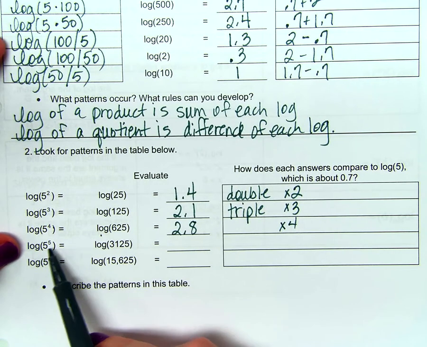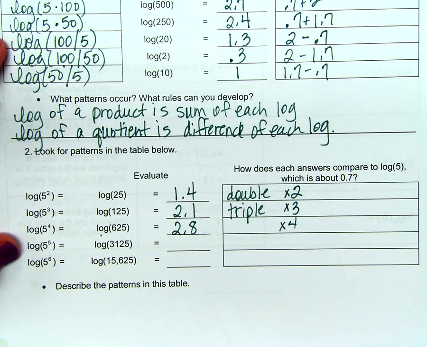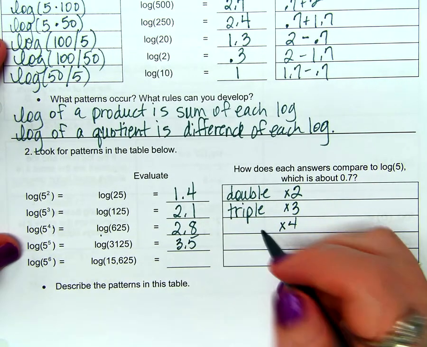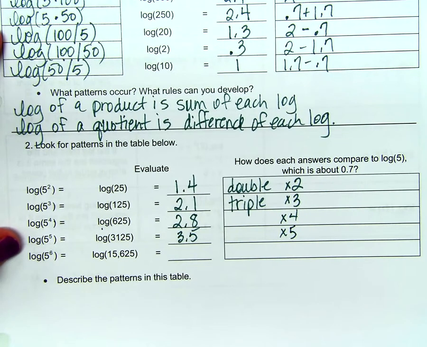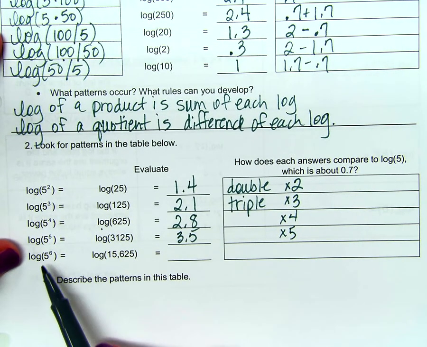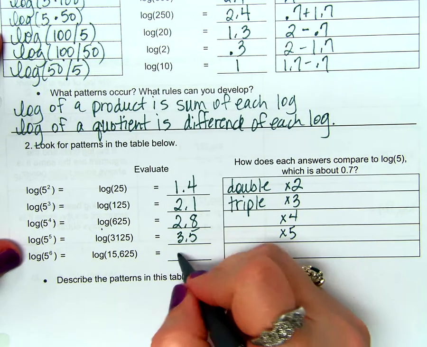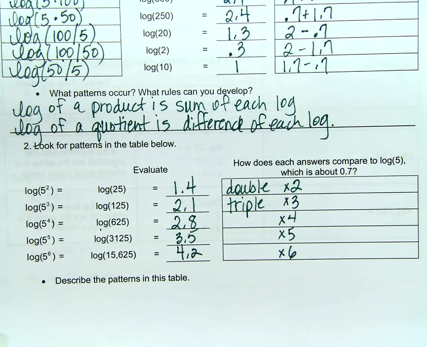What about log of 5 to the fifth, which is the log of 3,125? 3.5. How does that compare to 0.7? Times 5. And what about log of 5 to the sixth power, which is log of 15,625? 4.2. And how does that compare? Anybody see any patterns?